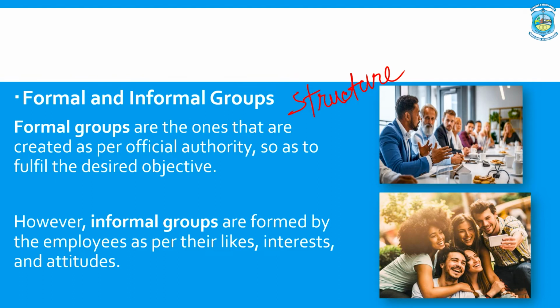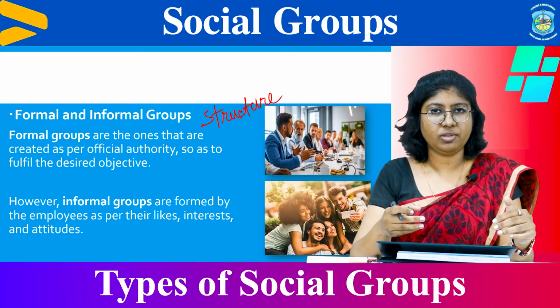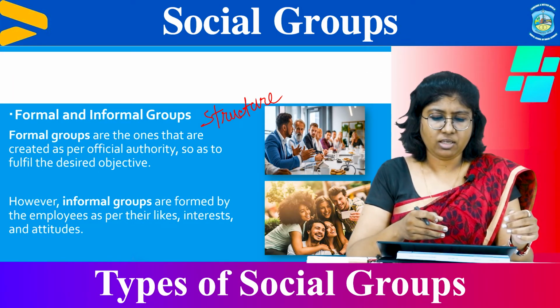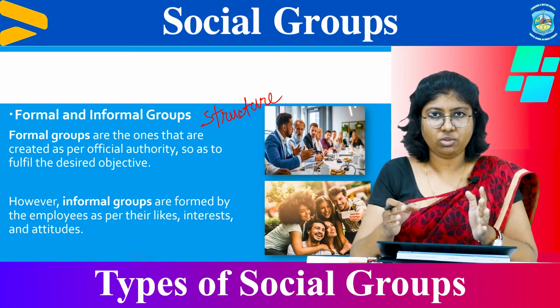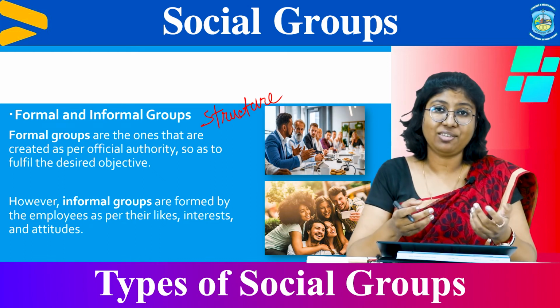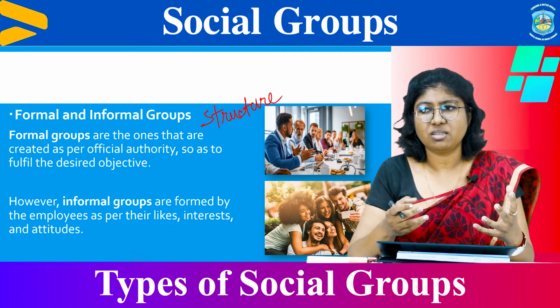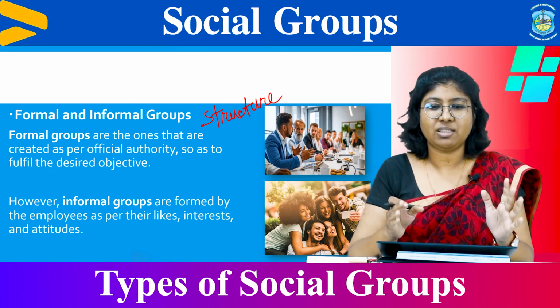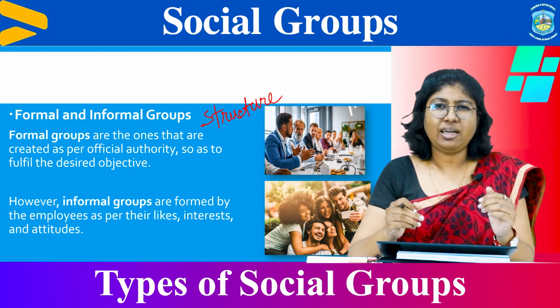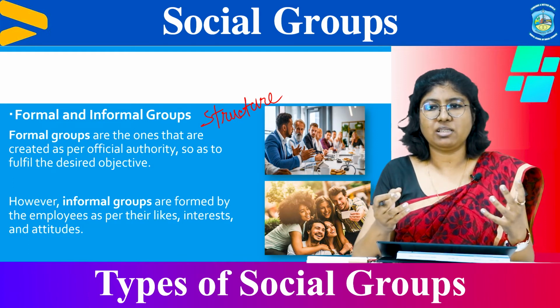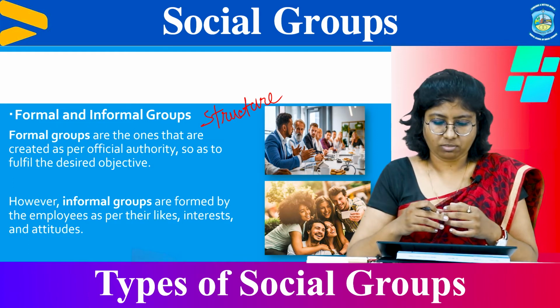Any group that is emerging out of the organizational structure is what you will call a formal group. And anything which is not due to the organizational structure is the informal group. An example of a formal group might be a department, a section, or a concerned organization. An informal group will be a group of friends.